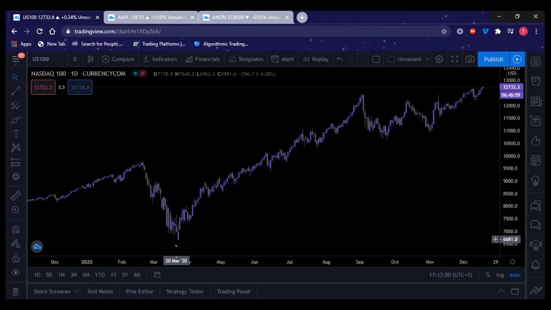Because they are always looking for higher returns for their investments. So when everyone was panicking, saying I'm going to lose my job, COVID-19, this, that, investors plunged money into the stock market. And of course, as we can see, it went up and up and up.